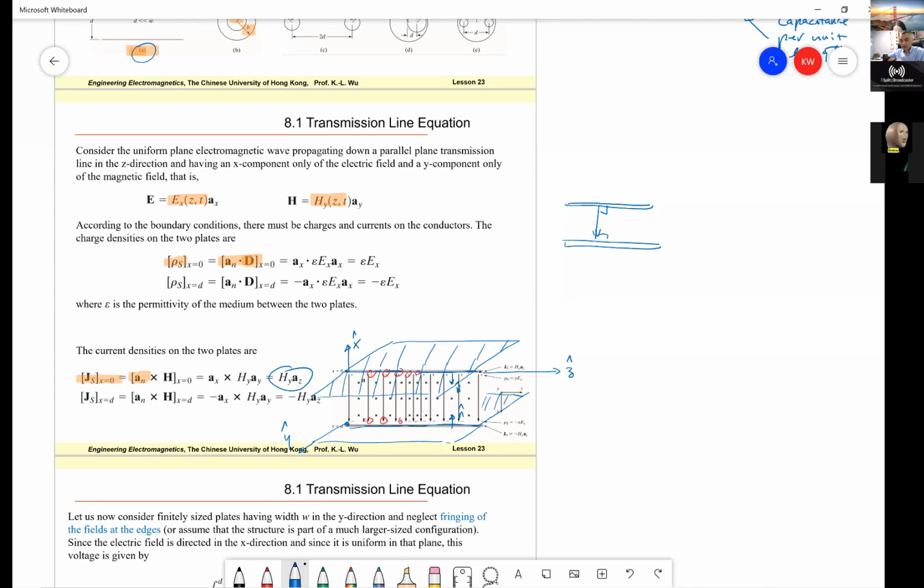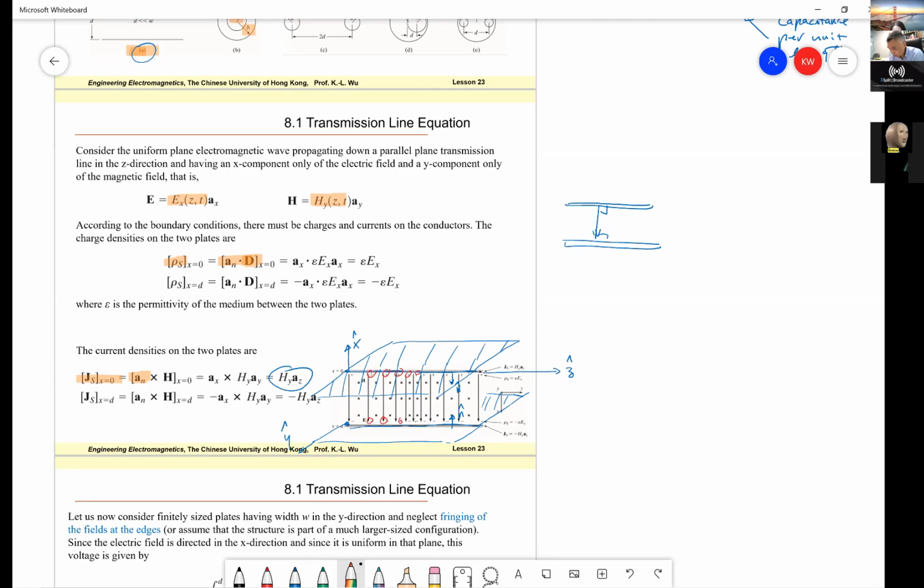And then the magnetic field on the upper plate changes sign. Let me draw the magnetic field.